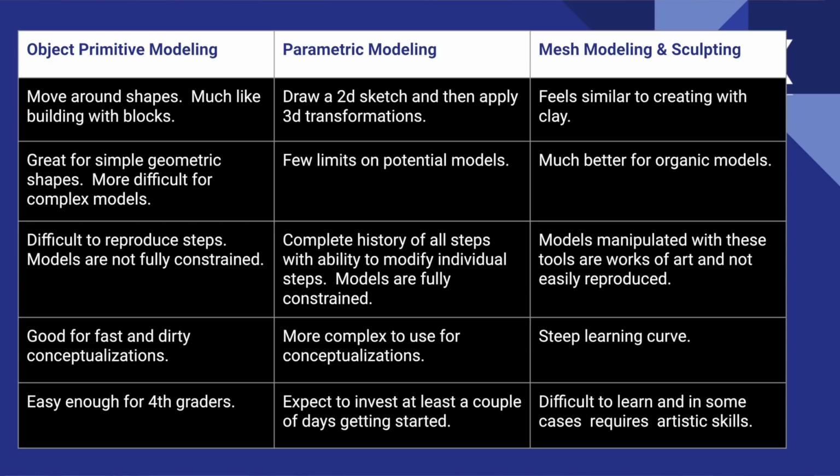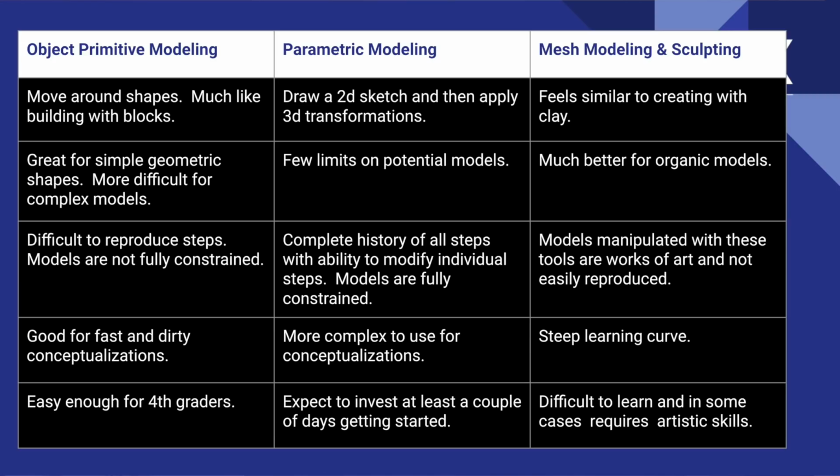The advantage of object primitive modeling, if we look at the slide, is it's very easy to use for simple models, but maybe not suited for complex models. While it's easy to use, it's difficult to reproduce a model because you're more or less stacking blocks. Think about building something with Lego. And then if you want to change something on the bottom layer, it's hard to do that.